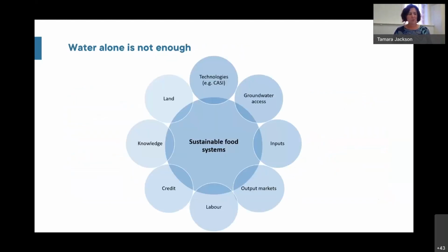The last message about water is that water alone is not enough. Groundwater access and the constraints around it are contingent on the other resources available to water users, and it's been shown in multiple studies that improving access to water alone is not enough. Farmers also need access to inputs, stable output prices and better market infrastructure to improve productivity and profitability.